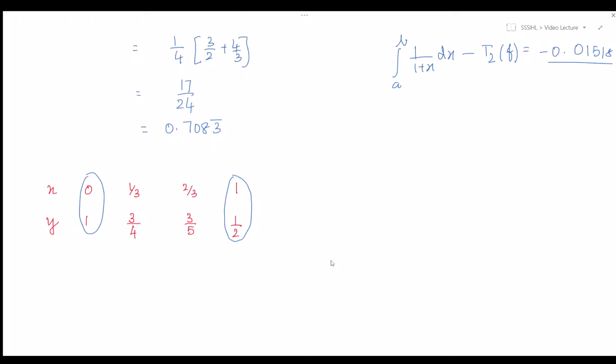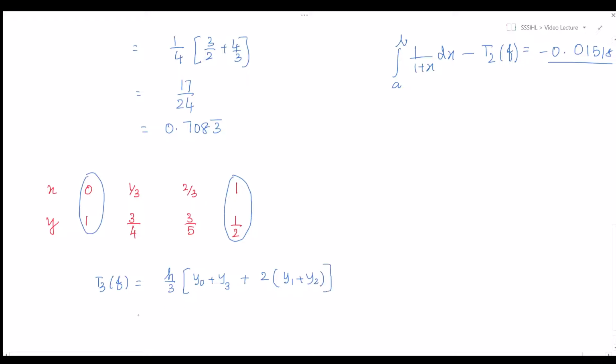Now approximating using T3 of f, it is h by 2 into y naught plus yn plus 2 into the remaining terms. T3 means we have y naught, y1, y2, y3. So y naught plus y3, plus 2 into y1 plus y2.